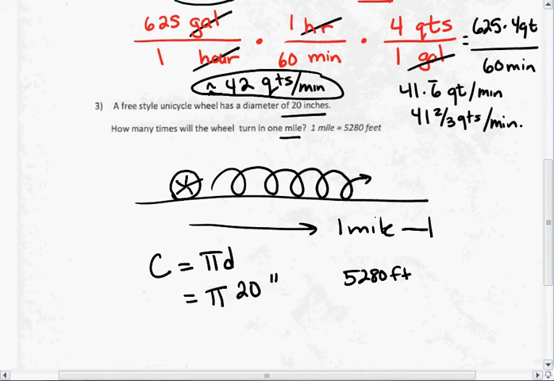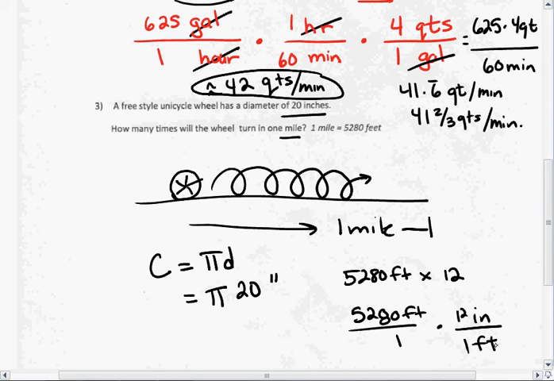And I need to change this into inches, so I'm going to multiply that 5,280 feet by 12. If you want to set this up the way we have been setting them up, 5,280 feet over 1 times feet on the bottom, inches on the top, so we can cancel out units. There are 12 inches in 1 foot.